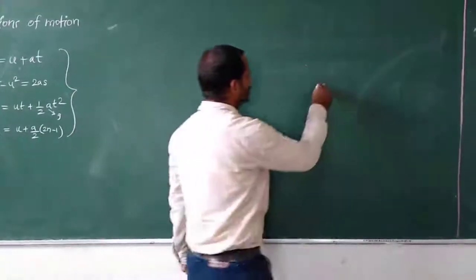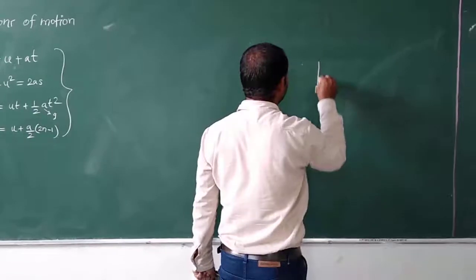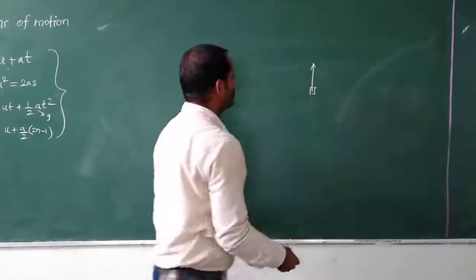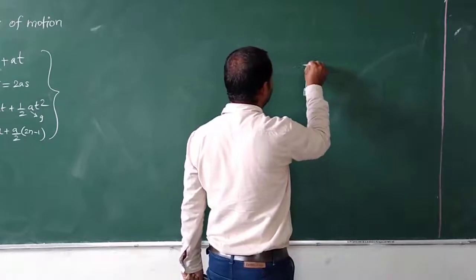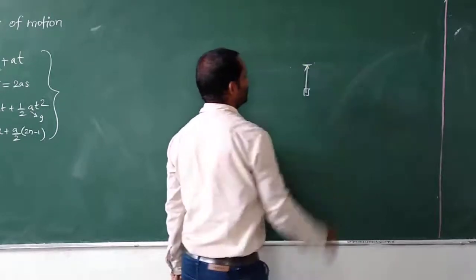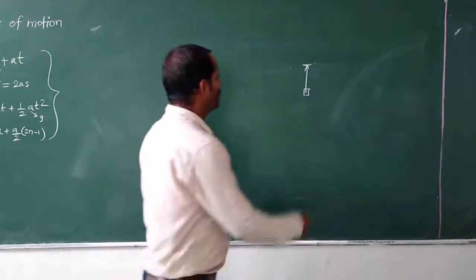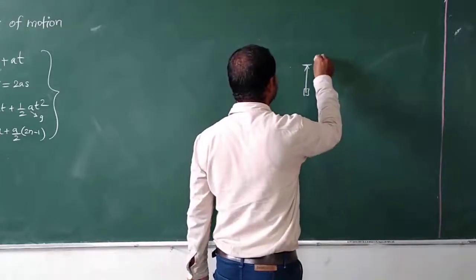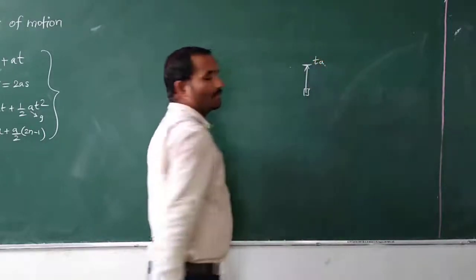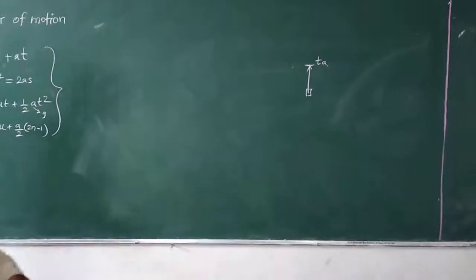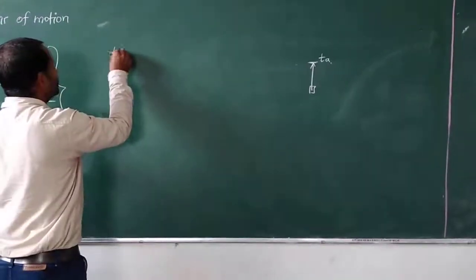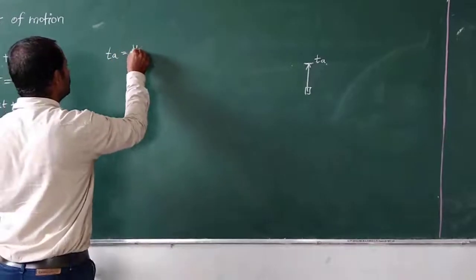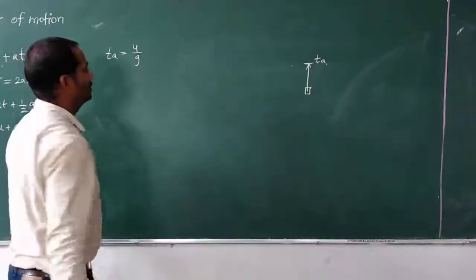Suppose I am throwing this chalk in this upward direction. It means the time required to gain the maximum height is called time of ascent. So how to write that? TA is equal to U by G.